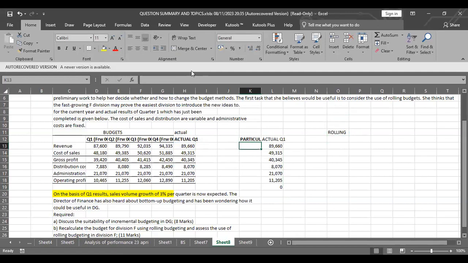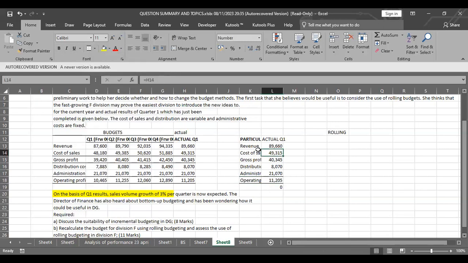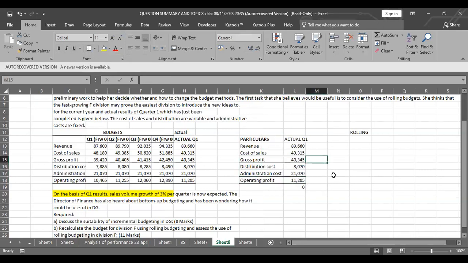This one relates to revenue, and this relates to the rest. As you may notice, all these are calculated figures. Even this one here in the double lines is calculated in the process. So we need to now make the budget.